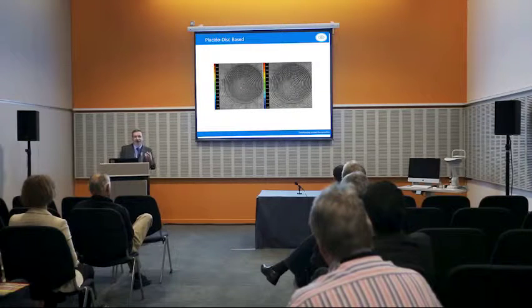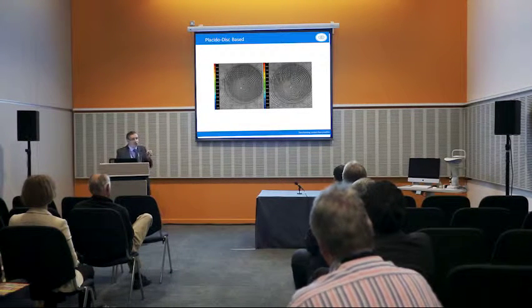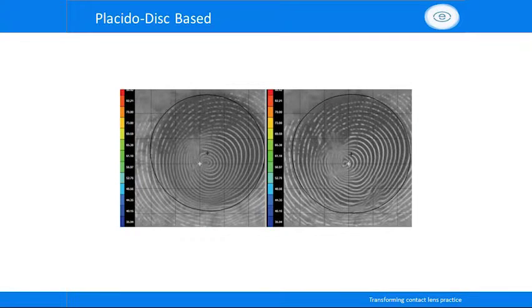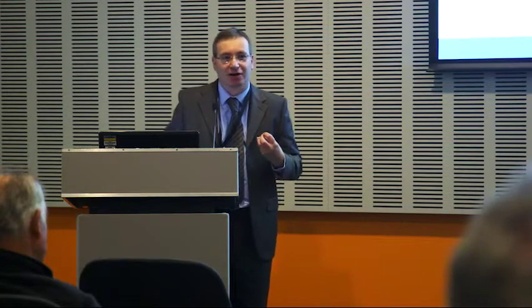But there are a number of inherent limitations with Placido-disc-based systems. The primary problem is that there are a finite number of points that you can actually digitize, and when you get a very, very distorted image like that on the right, it's actually very difficult for the instrument to tell those distortions apart. So what you tend to find is that Placido-disc-based systems, particularly for irregular corneas and keratoconic corneas, actually start to become significantly inaccurate.